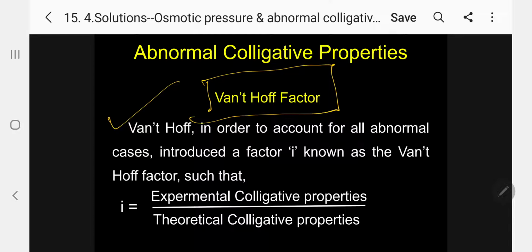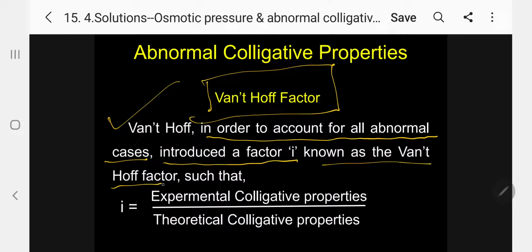Van 't Hoff, in order to account for all the abnormal cases, introduced a factor i known as the Van 't Hoff factor. Kindly follow this, you have to memorize. i equals experimental colligative property divided by theoretical colligative property.